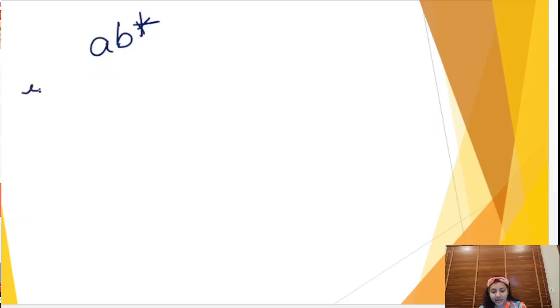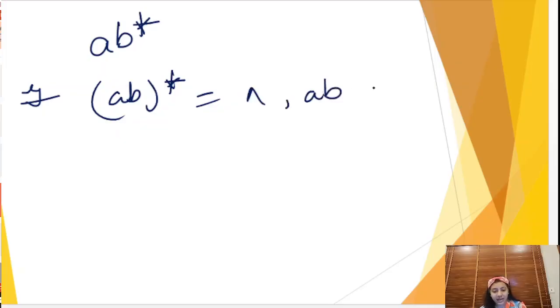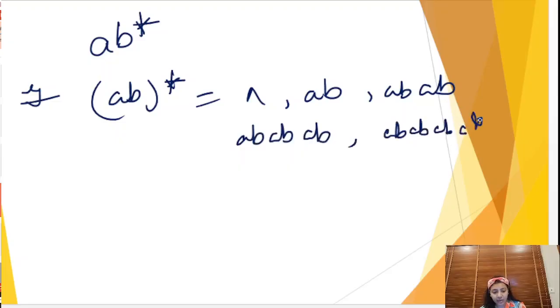Let's take another example. If I have (AB) star, right? So what is this (AB) star representing? It will have strings of the form either lambda, since star is there. Then I can have AB. Then I can have ABAB. Then I can have ABABAB. Then I can have AB four times and so on.